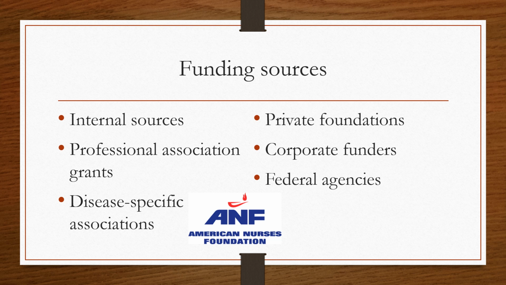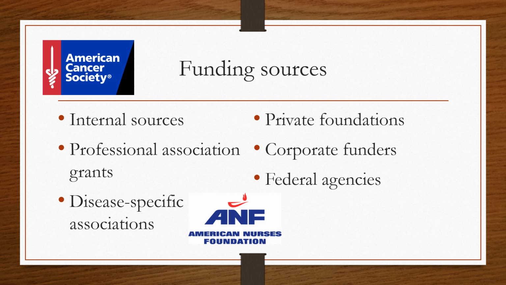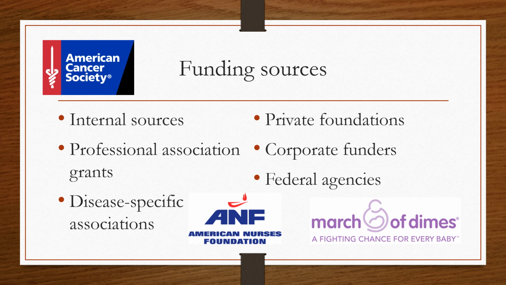The next one is disease-specific organizations, and these can be beneficial to researchers who are focusing on a certain disease process. Some examples are the American Cancer Society or the Alzheimer's Association. Private foundations come from large foundations that are quite interested in health-related topics, and some examples are the Kellogg Foundation and the March of Dimes.